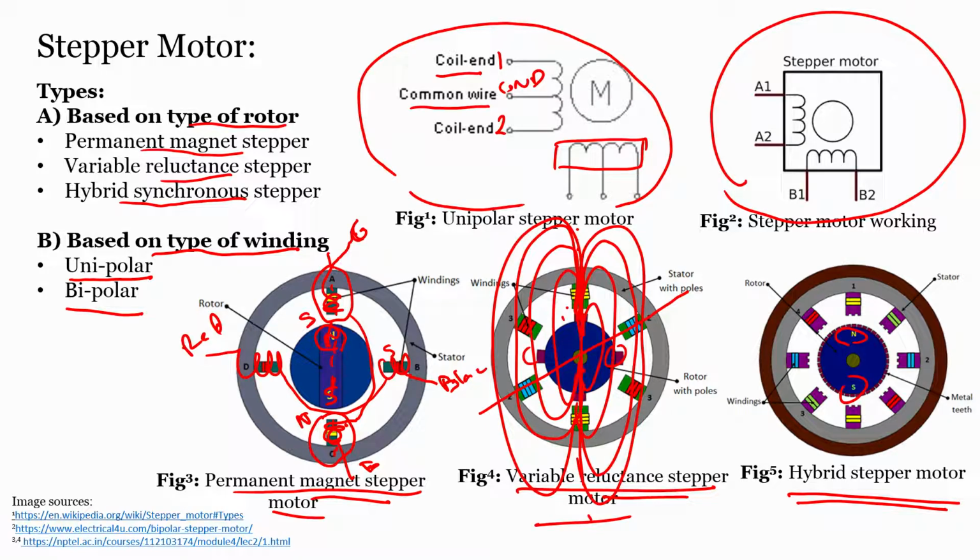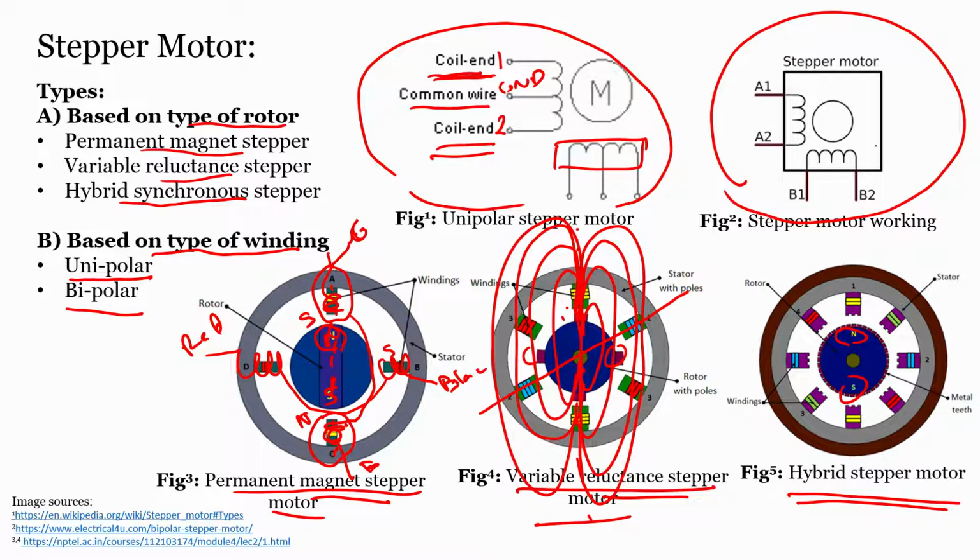So, in this case, to reverse the direction in which the motor is rotating, what we do is we change the direction in which current flows, or we change the input coils. Okay. That is how we control the direction.